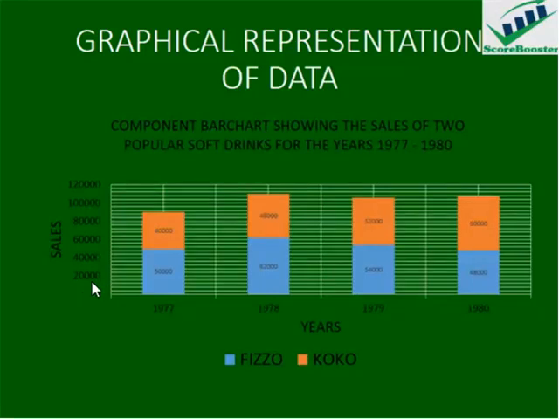So we divide 20,000 by 5, which will be 4,000. So each of this line is 4,000. 4,000 plus 4,000 gives 8,000, plus 4,000 gives 12,000, plus 4,000 gives 16,000, plus 4,000 gives another 20,000. So here, if we sum 50,000 and 40,000, which is the total in the year 1977, we have 90,000.